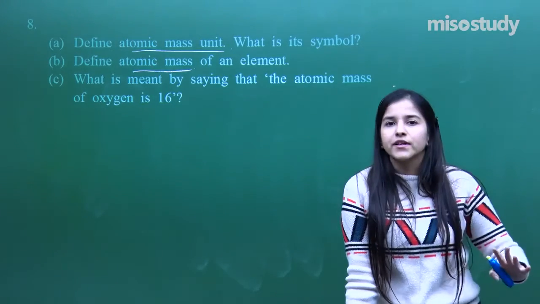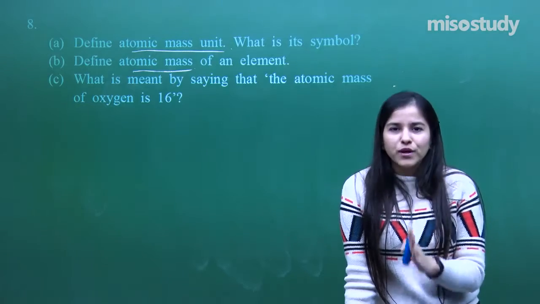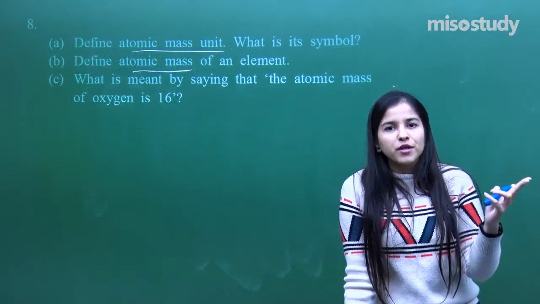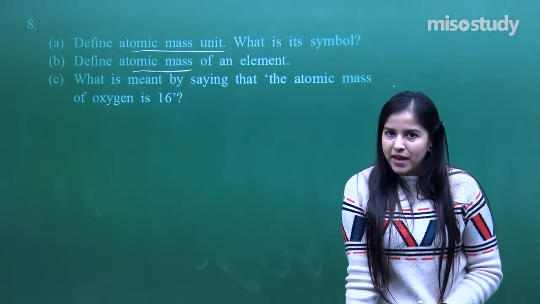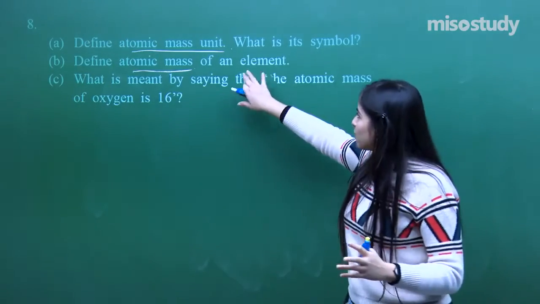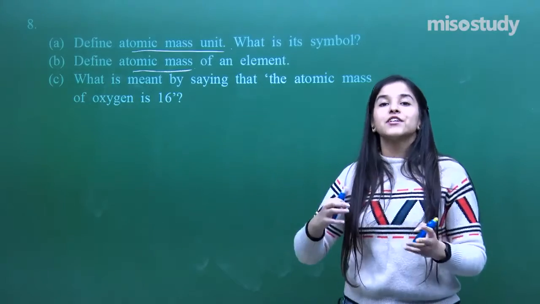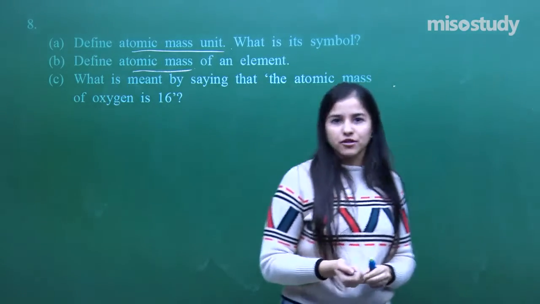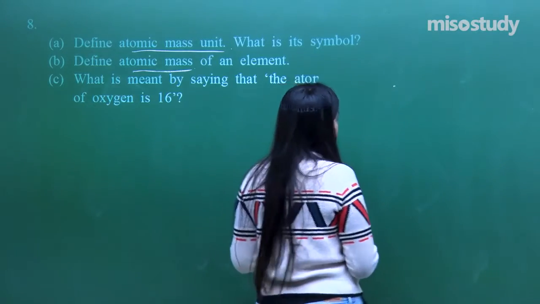So we never wanted that. So in relation with one particular element, that is carbon, we found out the atomic masses of other elements as well. So atomic mass is actually a relative mass in relation with carbon as an atom.